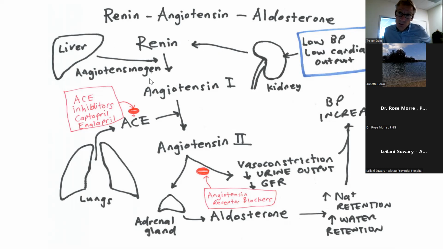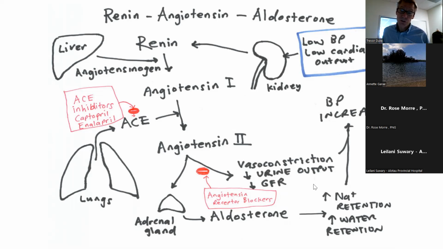That acts on angiotensinogen, from the liver, to form angiotensin 1, and then angiotensin converting enzyme converts the angiotensin 1 into angiotensin 2. And angiotensin 2 is the strongest vasoconstrictor in the body, and that causes generalized vasoconstriction, and it reduces urine output, and therefore there's more retention of water.